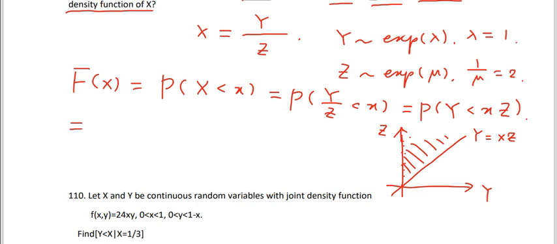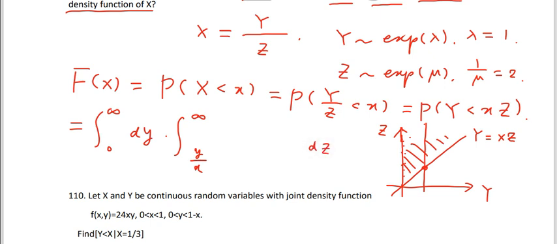Okay, so once we know this, then we can find this probability and do the calculations. So let's say we first determine y. So y starts from 0 to infinity. Once we have y, we determine z. So z goes from this point to infinity. This point z is y over x, where x is fixed, right, to infinity. So this is z. Okay.